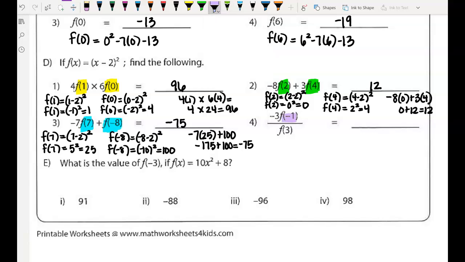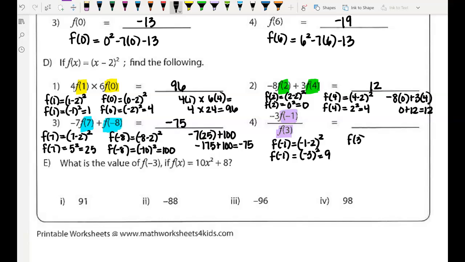And then on the fourth one, we have to find f of -1 and f of 3 to be able to do the math. So f of -1 would be -1 minus 2 quantity squared. So f of -1 would be -3 squared, which would be positive 9.